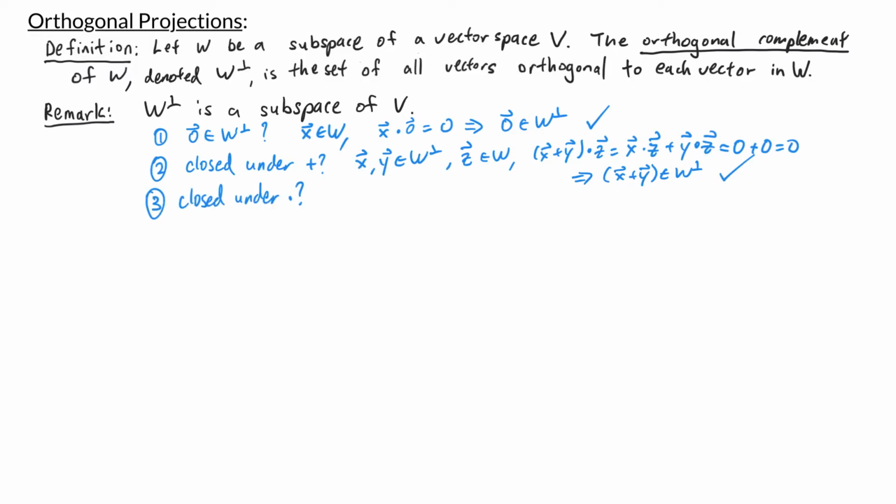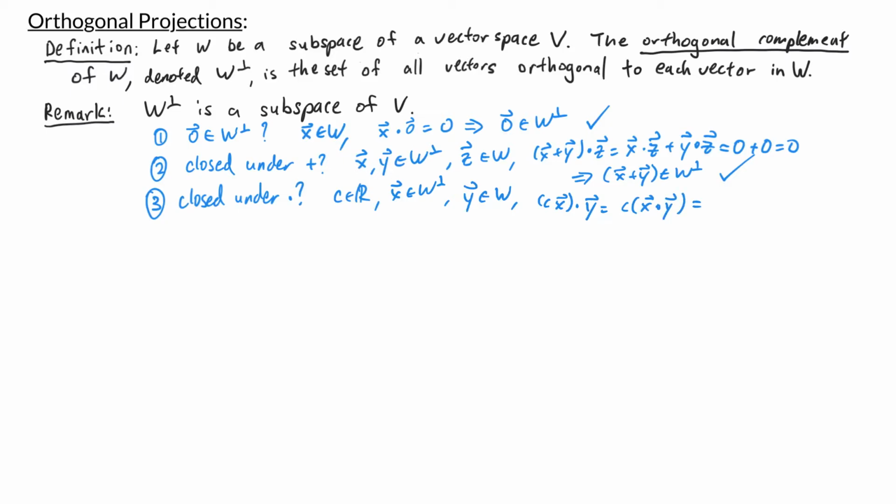Lastly, we want to check if W perp is closed under scalar multiplication. So let c be any scalar and let x be a vector in W perp. I want to determine if c times x is in W perp. So let y be any vector in W. If I do (c times x) dot y, I can regroup things as c times (x dot y).